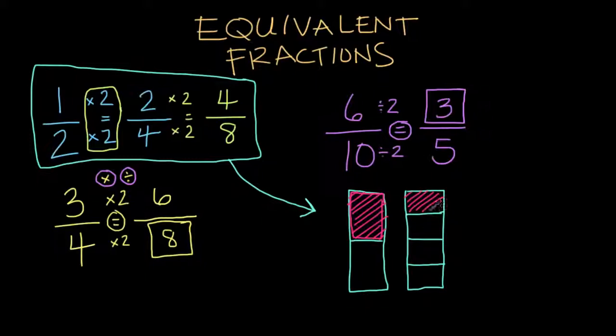There's 1/4 and 2/4. So there's 2/4 and 1/2, and look, they are the same amount of the rectangle. That's what equivalent means. They're the same part of the whole. So it would work the exact same way if I drew rectangles for 3/4 and 6/8 or 6/10 and 3/5. They're always going to be equivalent.